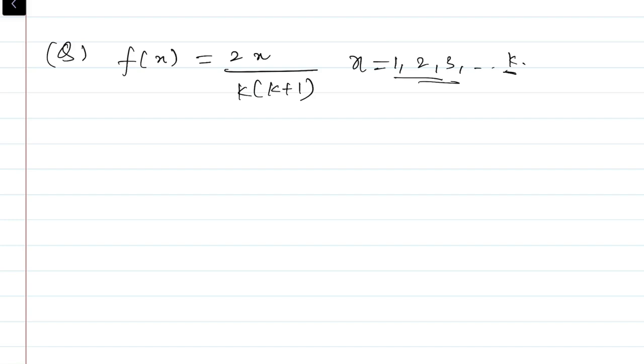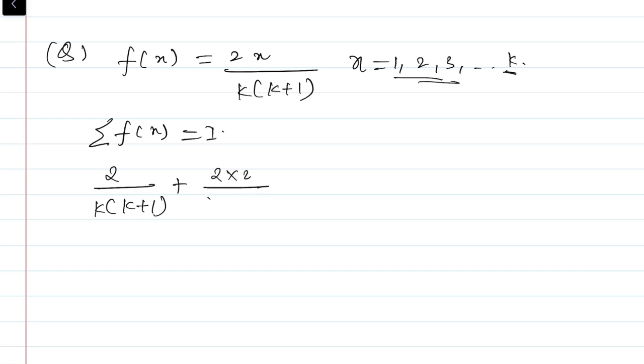What about the second condition? The second condition is that the sum of the PDF, the probabilities, should be equal to 1. So the summation of f(x) should be equal to 1. Now let's check whether this is equal to 1. The first term is 2 divided by k times k plus 1. The second term is 2 times 2 divided by k times k plus 1, and so on. And the last term will be 2 times k divided by k times k plus 1.